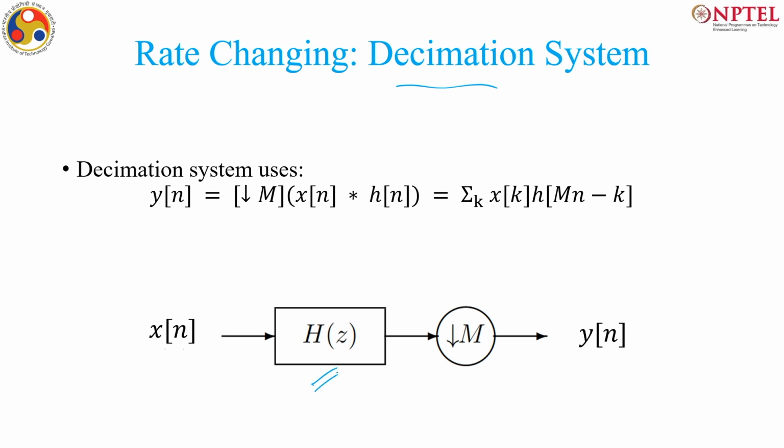Similarly, in decimation we combine a low pass filter with the downsampler, and here you should note that the low pass filter is kept before the downsampler. Why? Because the downsampler is spreading the spectra, so that it is going and aliasing. So, this is like an anti-alias filter. This anti-alias filter will restrict the frequency range of the original signal before the downsampling process, such that information is not lost.